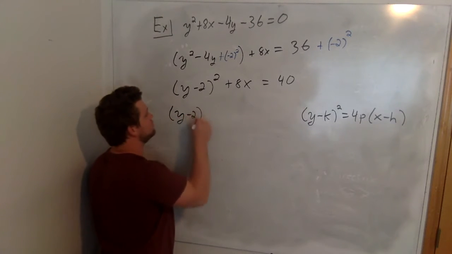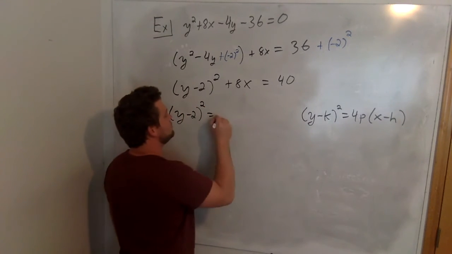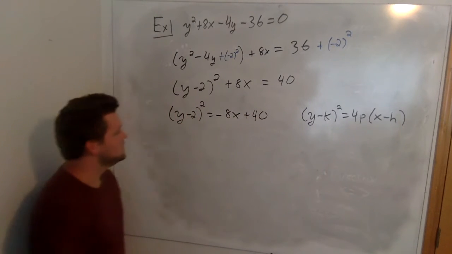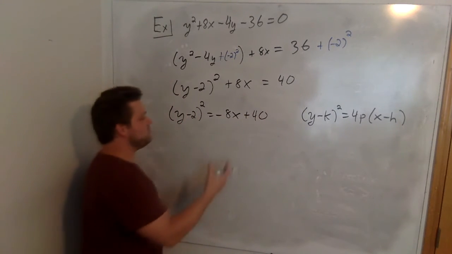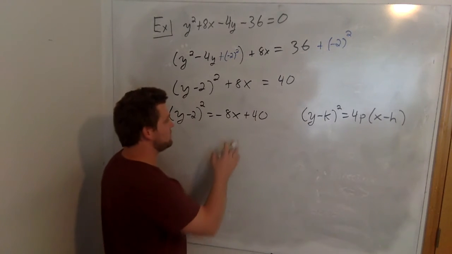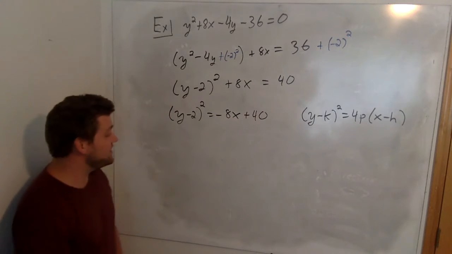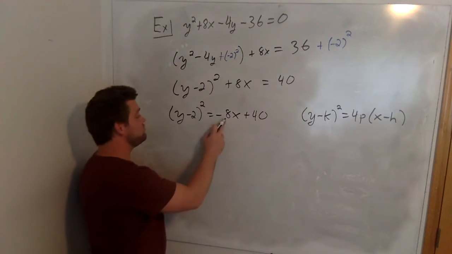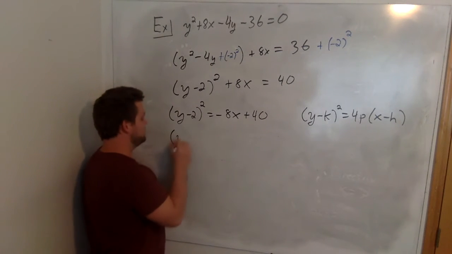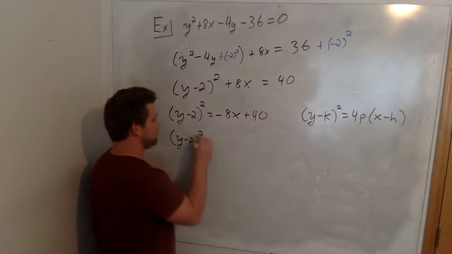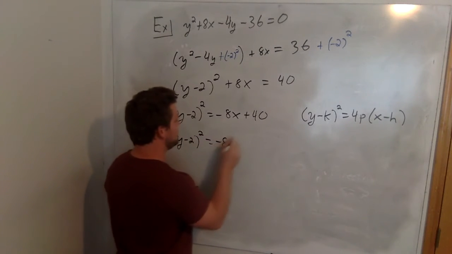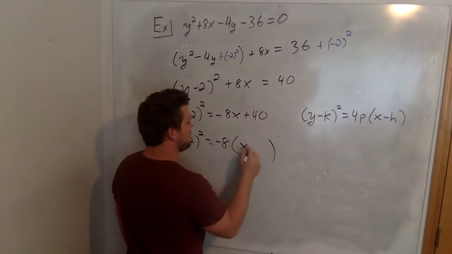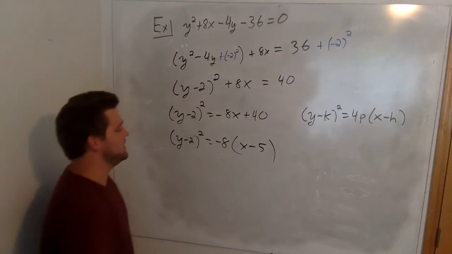Y minus 2 squared will be equal to -8x plus 40. I want to know how it's been shifted left and right, so I want to know what's being added or subtracted directly from x. So I need to factor out this -8. So y minus 2 squared will be equal to -8, and we'll be left with x minus 5 when we take -8 out.